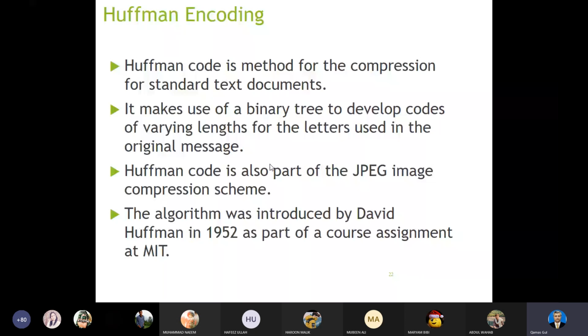Later on, you have this JPEG. JPEG is one type of image, like you have TIFF, like you have different image schemes. So JPEG is one image compression scheme, and this is also based on Huffman encoding. The algorithm was introduced by David Huffman in 1952.